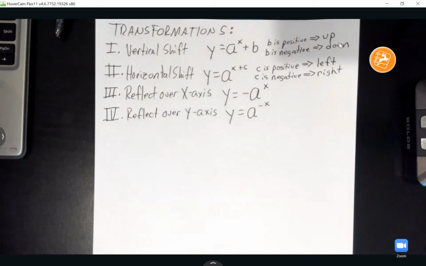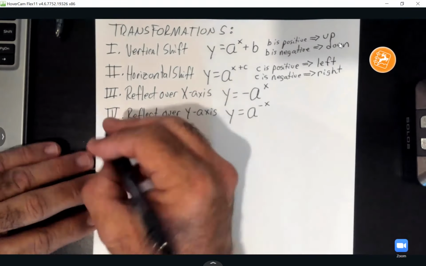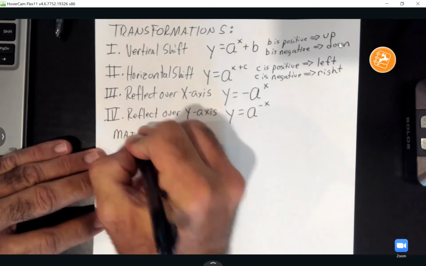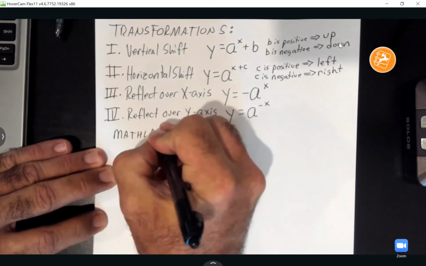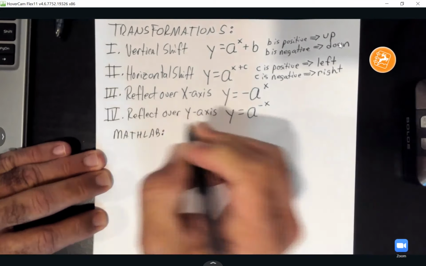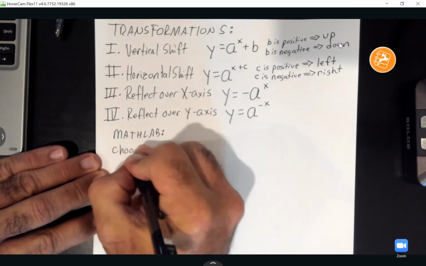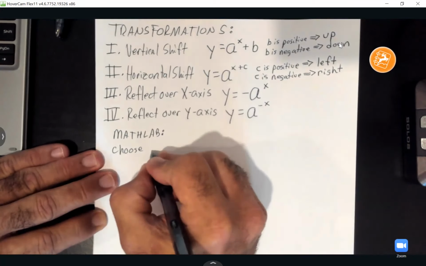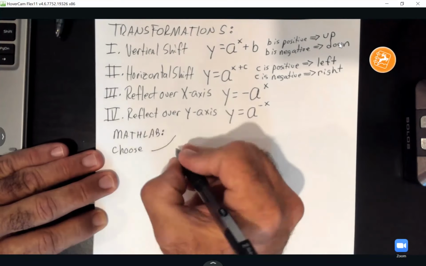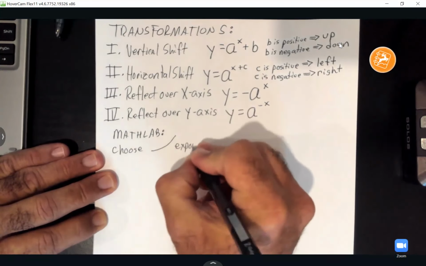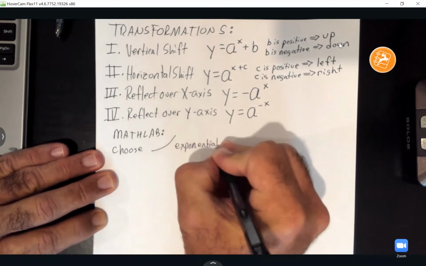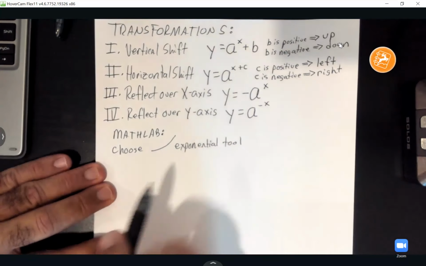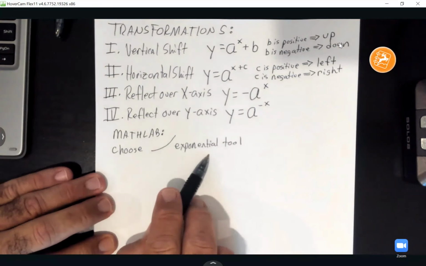Are we still using the parabola for the graph? Not on these ones. So for MathLab on these, let me show you what we're going to do. The first thing we're going to do, we're going to choose what they call the exponential tool.